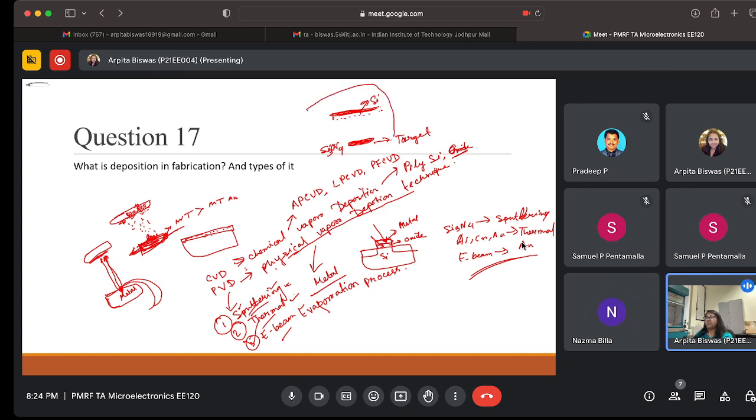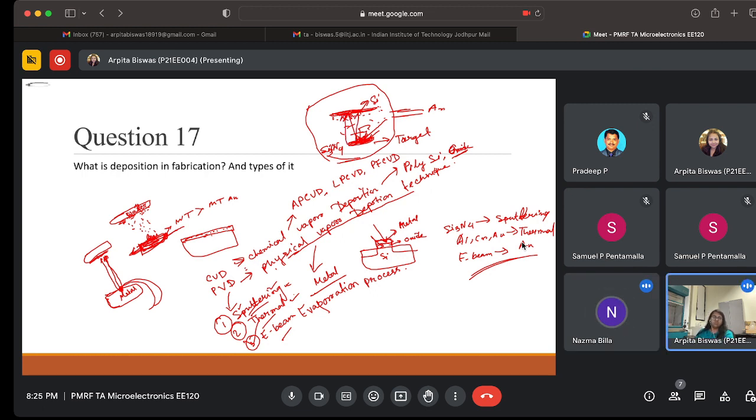This is a closed environmental loop in the sputtering system, so we will flow the target gas like argon. Plasma is generated there, and the argon ions bombard the target. When it is bombarded, some portion of the target goes through and deposits on the silicon.